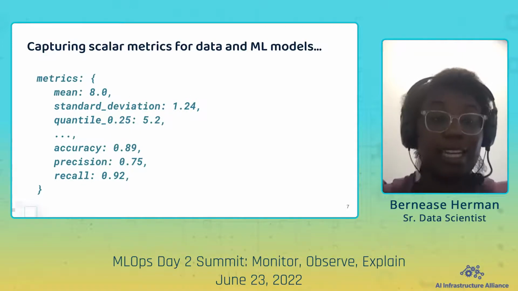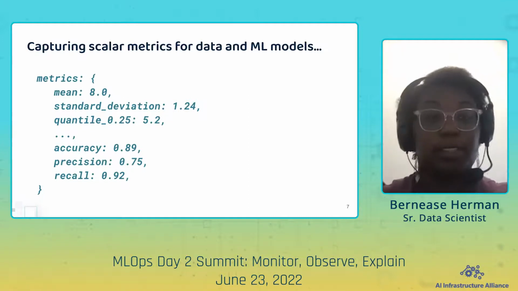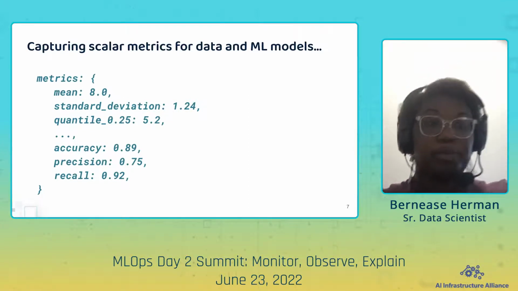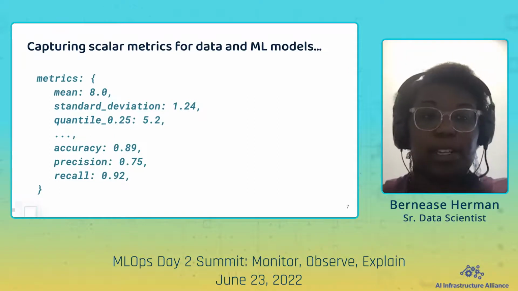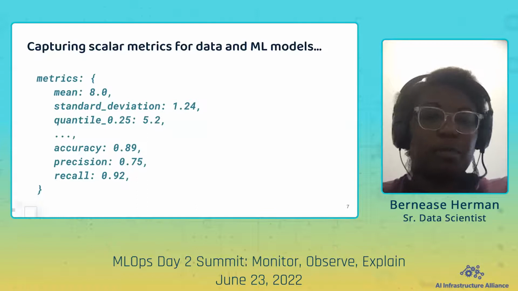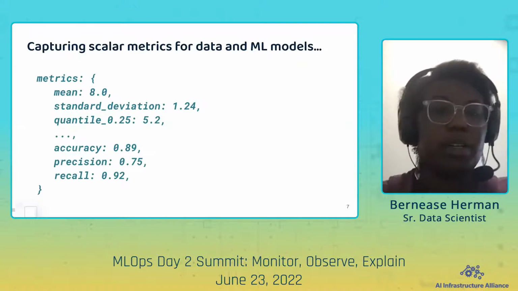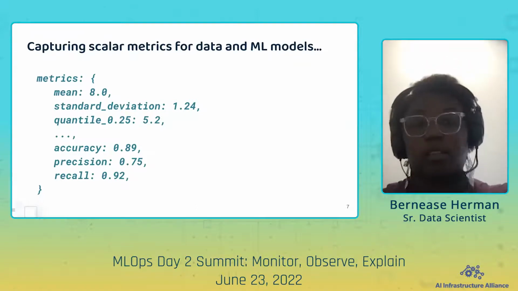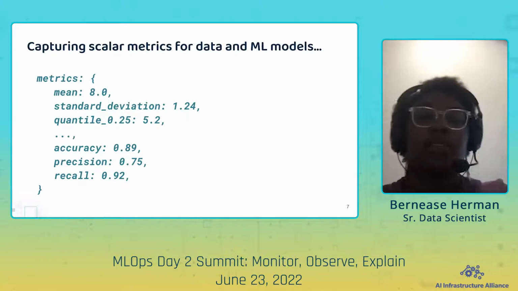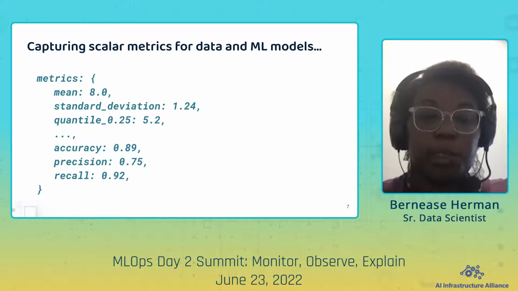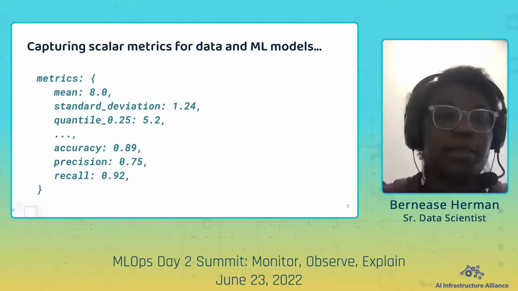You may download all the data somewhere and then capture these metrics at a different time. What I'm focusing on here are scalar metrics. These are things that result in a single number, and you'll see these in lots of places. So means, standard deviations, quantiles, if you're able to capture them, and many other metrics you may capture.